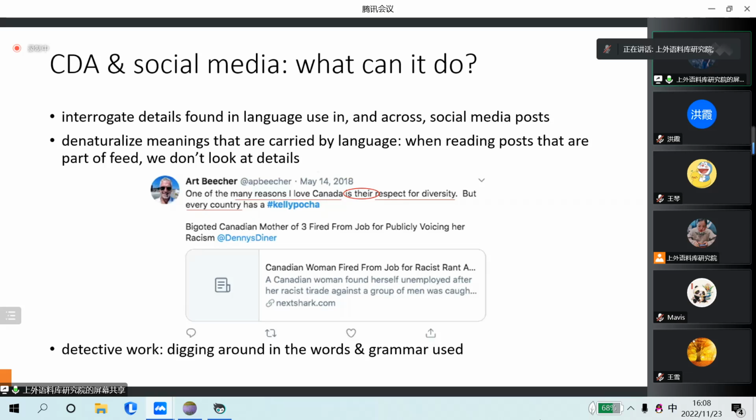But we don't tend to do this very attentively. Even when we post something or read something that's part of a feed, we don't look at details. But this is something that CDA can do. It allows you to denaturalize certain meanings that are carried by language in these posts. So in other words, it allows you to put on your detective hat and dig around in the words and the grammar used.